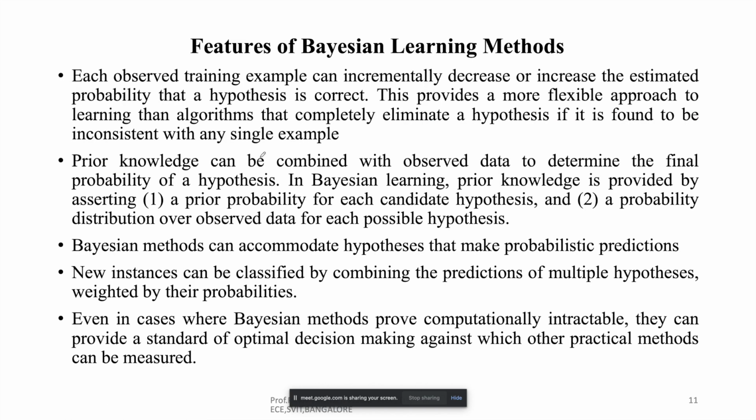Then, what are all the features we have in BLM? Each training example incrementally decreases or increases the estimated probability that says this is correct, this is bad. Such a facility or feature is there in your BT algorithms.